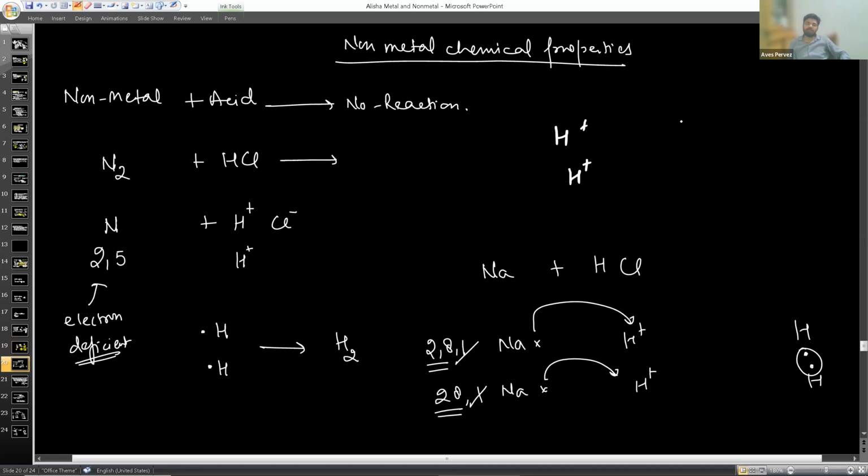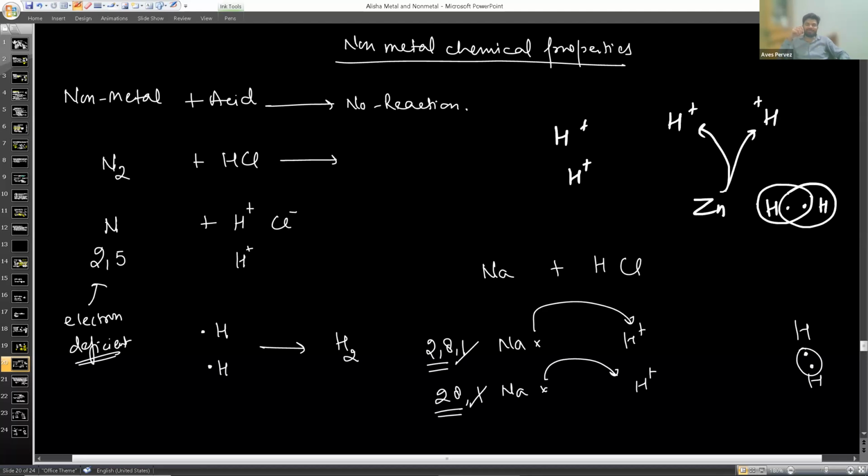You have H+ ions and you want to convert them into gas. So if we have zinc metal, zinc will give one electron to each H+ ion, and it will become a hydrogen atom without charge, and the atoms will combine together to form hydrogen gas.